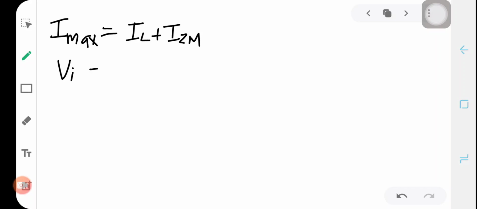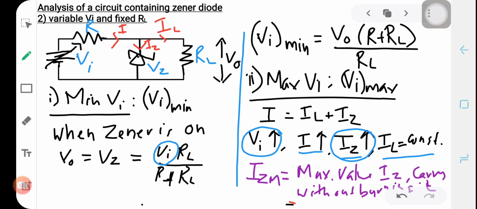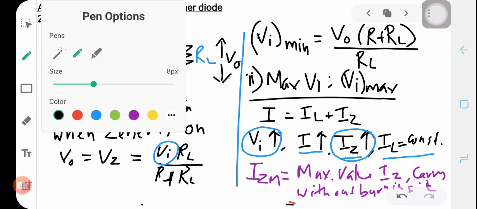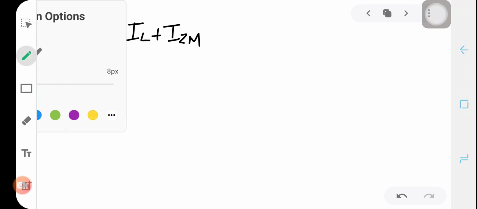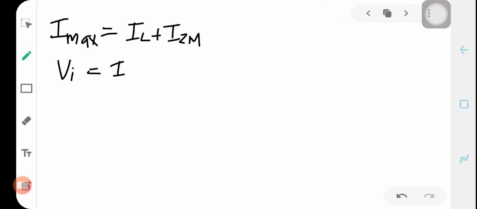From the circuit expressions, Vi will drop across the resistance R and the output V0. From loop 1, by applying Kirchhoff's voltage law, we get Vi equal to IR plus the output voltage V0.